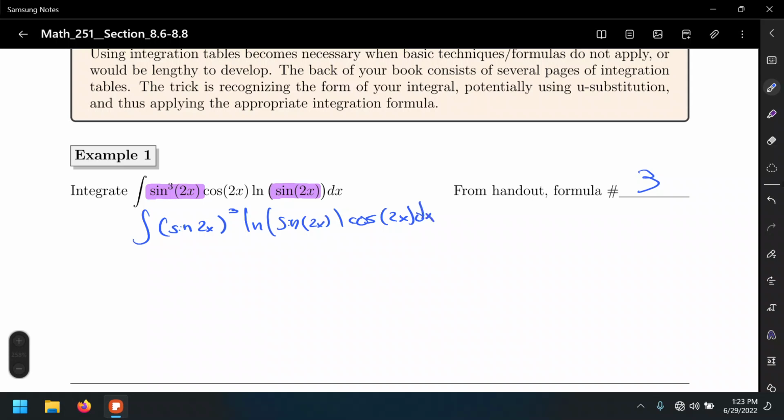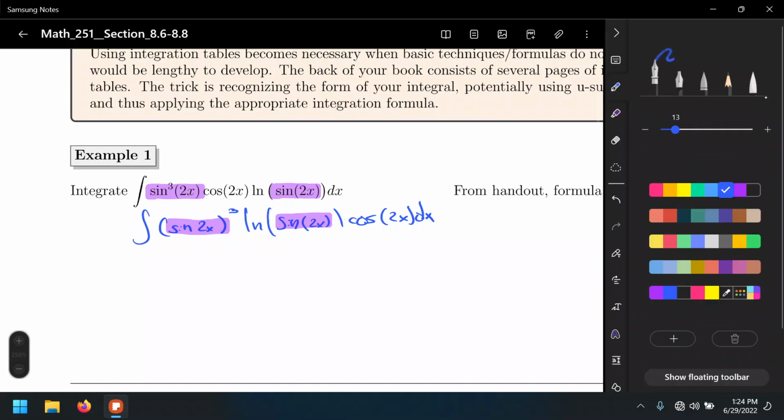In this case we can see this ln of u to the n, which comes from formula 3. But of course we still need to set a u and a du, because we may need a factor to compensate the du part. Let's have a look at that.